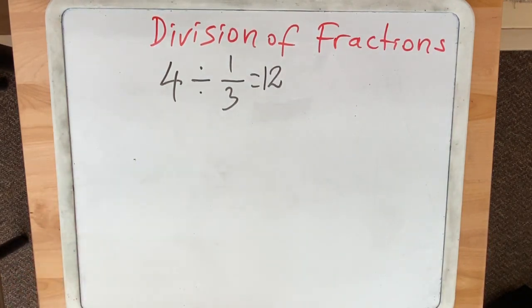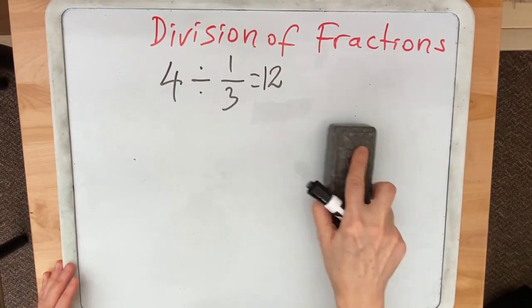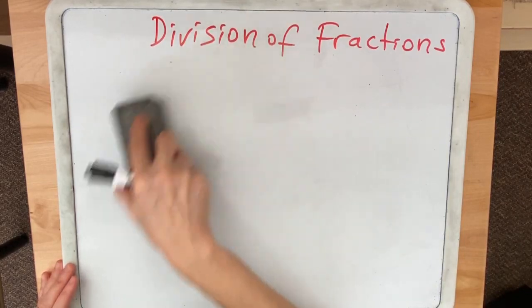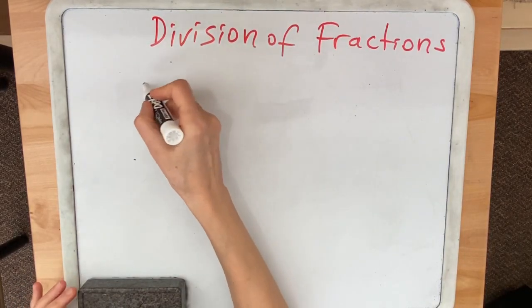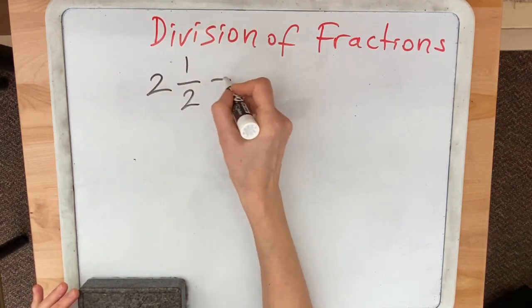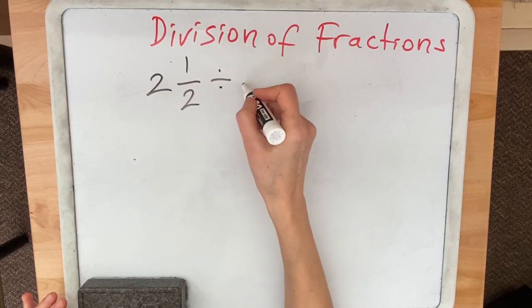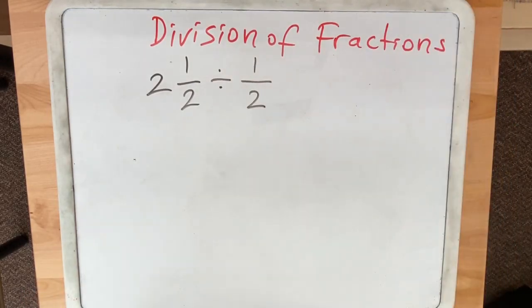So let's do another problem, and this time I'm going to divide a mixed number by a fraction, a mixed number such as 2½ divided by 1/2. Let's do this one.